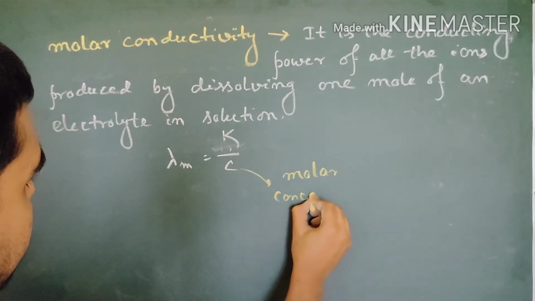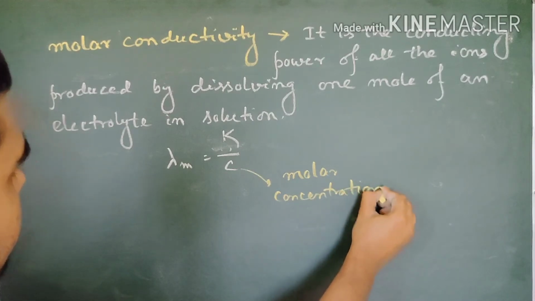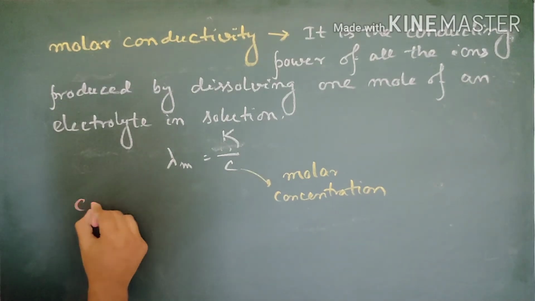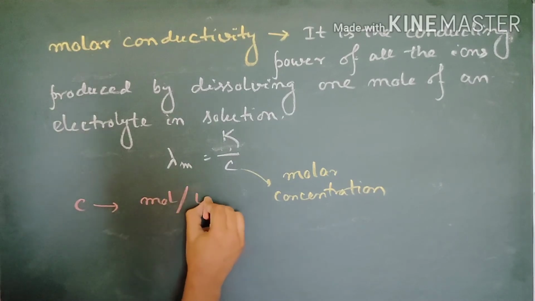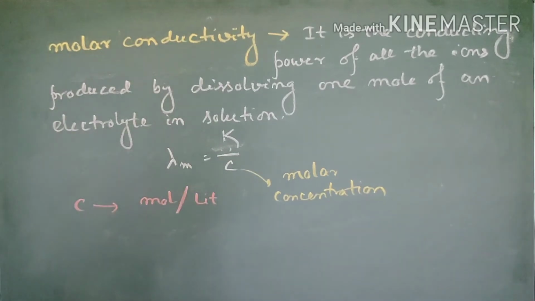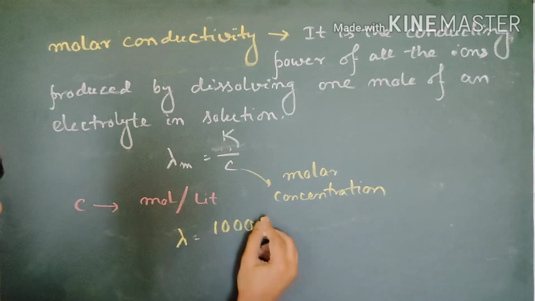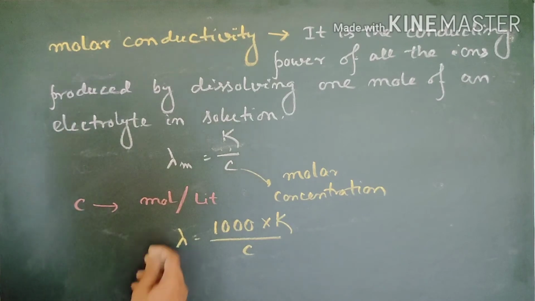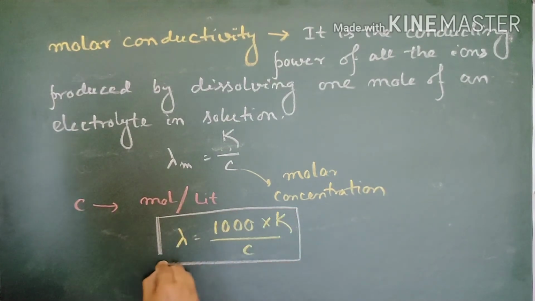Now, if C is in the unit of molarity, that means moles per liter, in that case this lambda will be expressed as 1000 into kappa by C. And this particular formula we need to remember throughout this chapter.